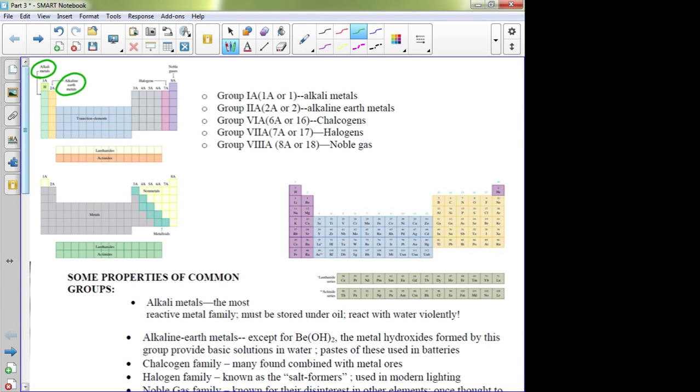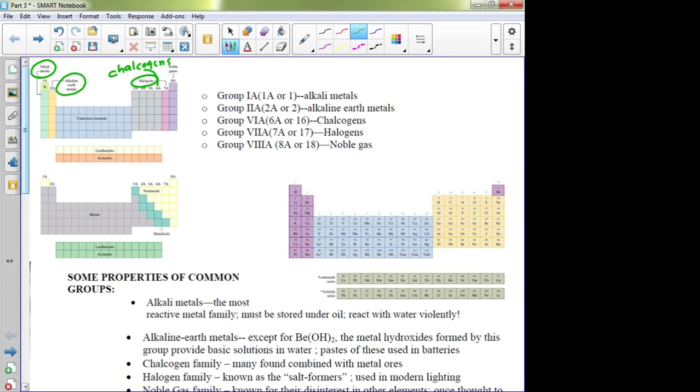Group 6A or 16, these are your chalcogens. They form all your metal oxides, like your iron oxide and your zinc oxide. 17 or group 7A are your halogens. That's where we get all our salts from, or most of our salts.